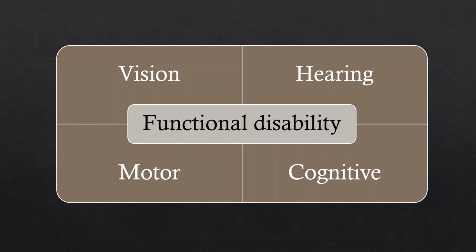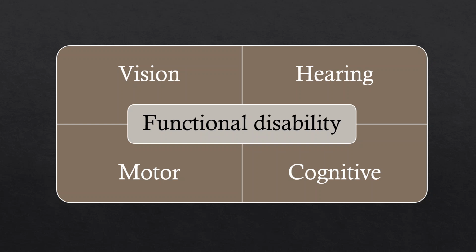Cataracts might affect vision, and various other conditions will affect vision as well: reduced vision, loss of vision completely, being colorblind, tunnel vision, and so on. In actual fact, what we're concerned with is not the disability that's causing it, but the actual end result. If it's somebody's vision that's affected, then we can look at how we can address all vision issues. Same goes for hearing, motor, and cognitive. So we break disabilities down into these four functional groups, which just helps break it down into a manageable section.